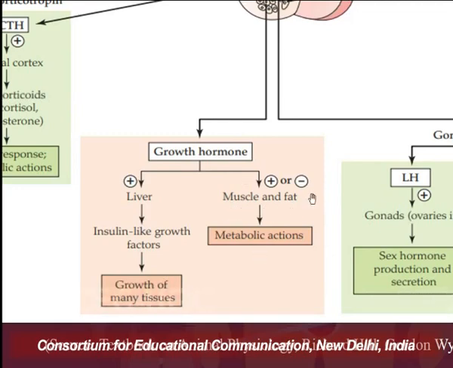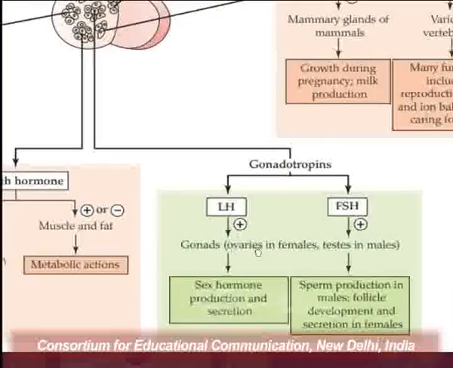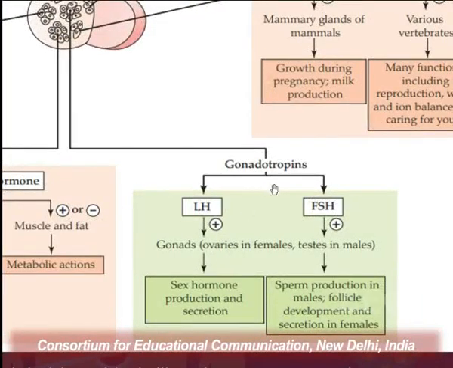Now let us have a look at gonadotrophs, the cells which produce gonadotropins. In our body we have two types of gonadotropins, the luteinizing hormone, LH, and FSH, which is follicle stimulating hormone. If you understand the terminology, you will get to know the functions as well.